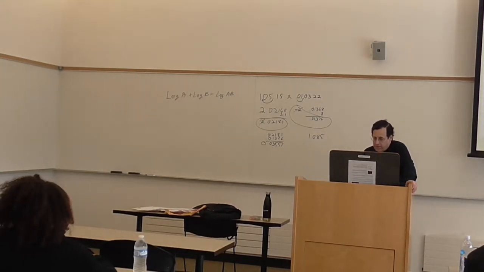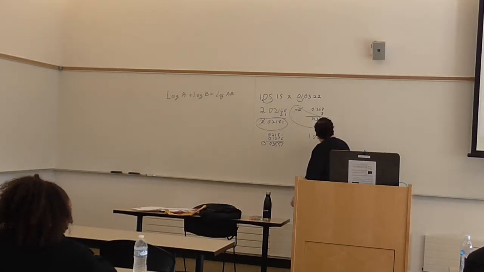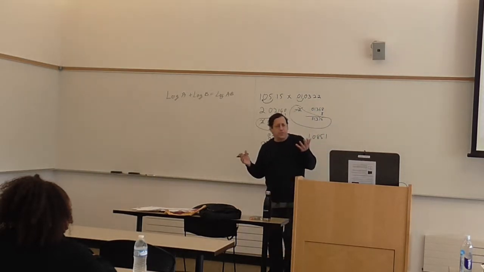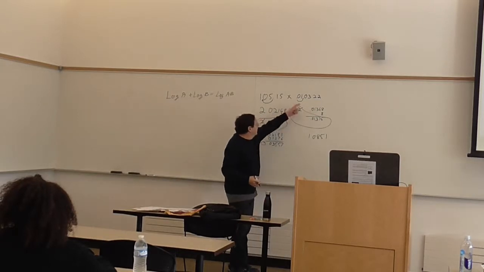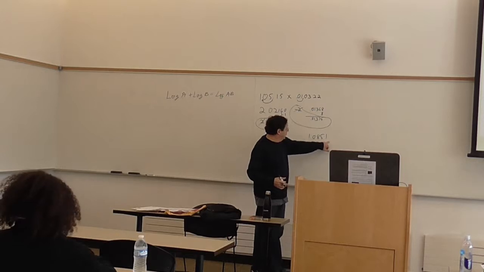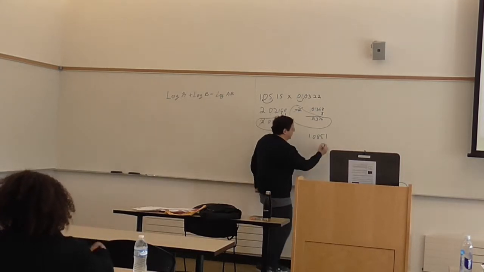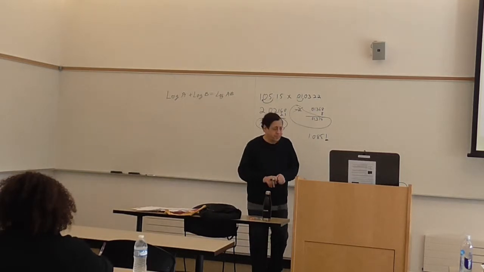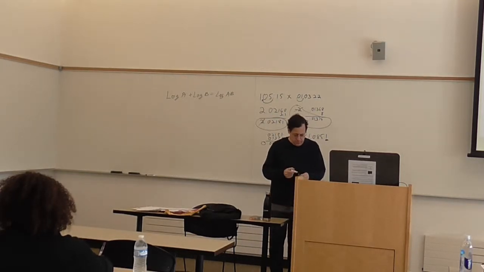And I'm just going to guess, from looking at this table, that's going to give me a 1 here. So I have a number with 5 significant digits that I multiply by another with 5 significant digits, and I get 5 significant digits. That is to say, I expect there might be some error in the last digit.